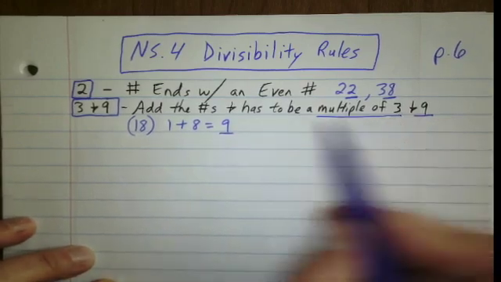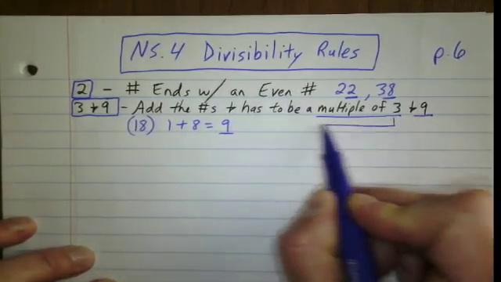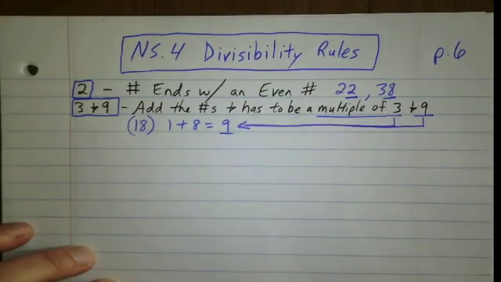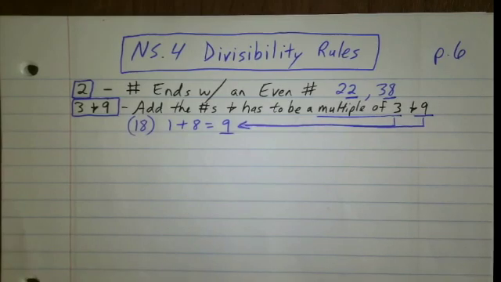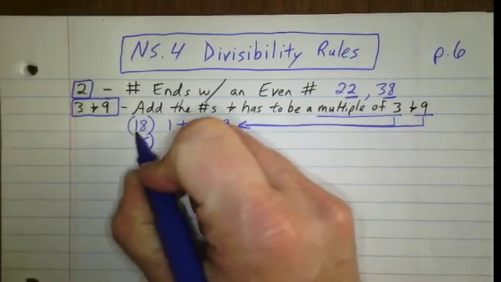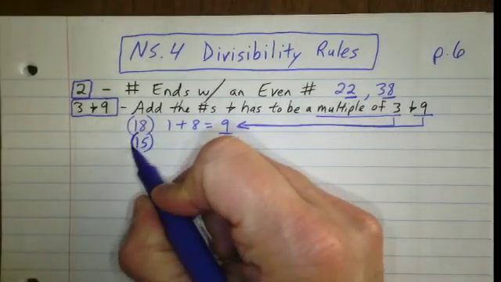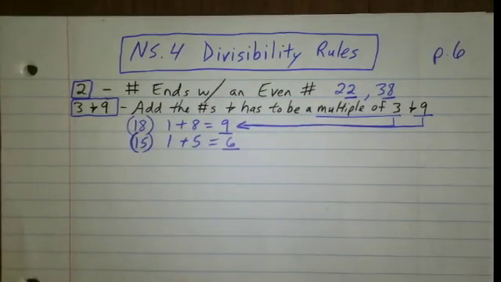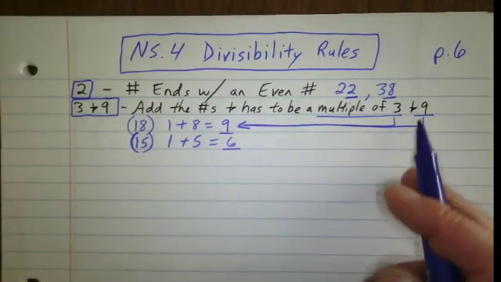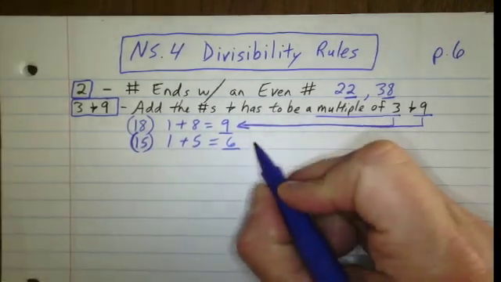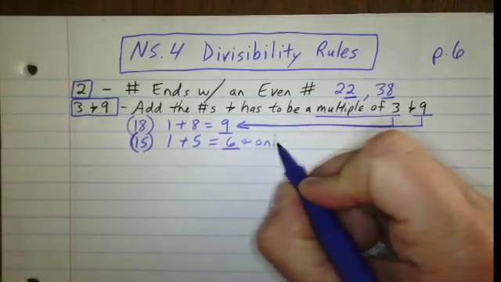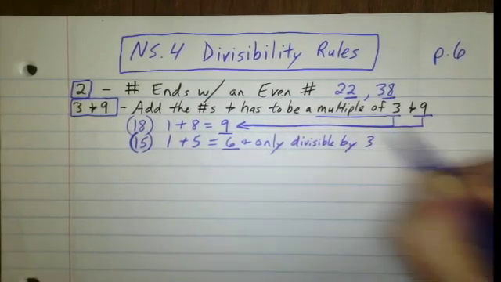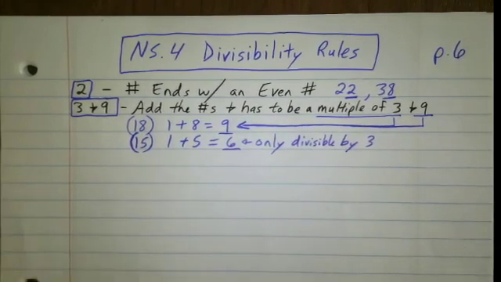So this is a multiple of 3 and 9. They're both multiples.